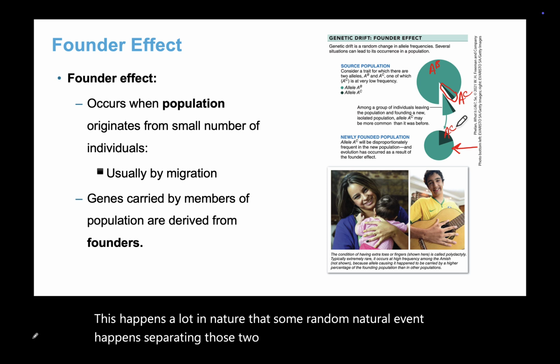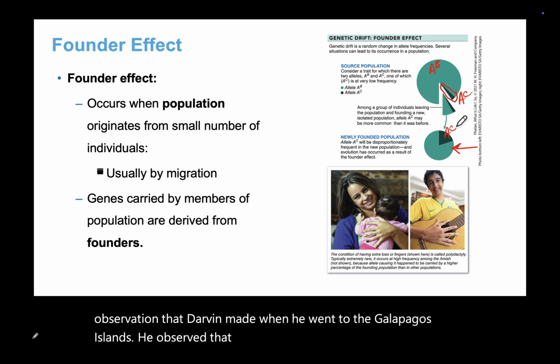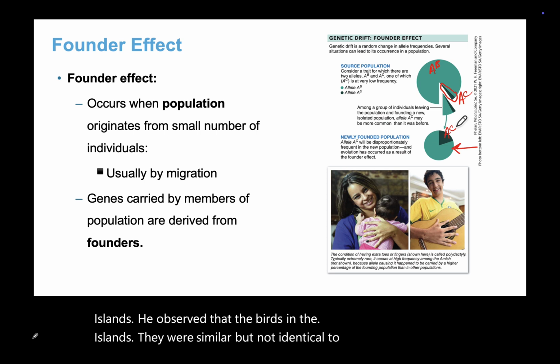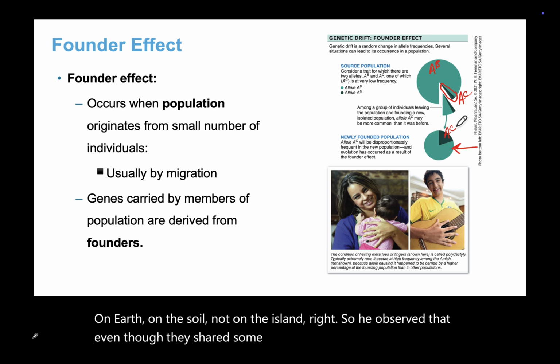That was also an observation that Darwin made when he went to the Galapagos Islands. He observed that the birds on the islands were similar but not identical to the ones on the mainland. So even though they shared some similarities, they were not the same.